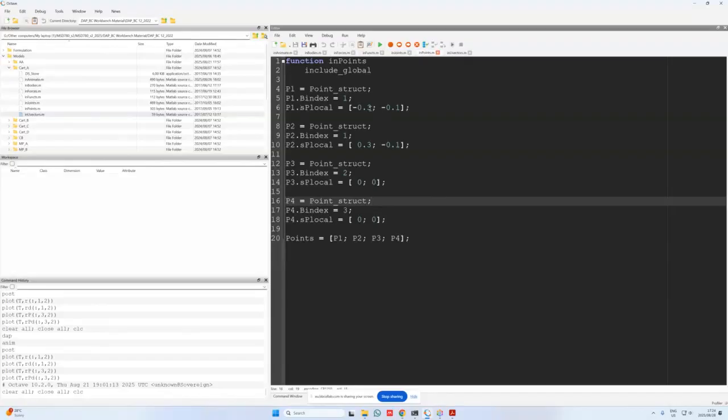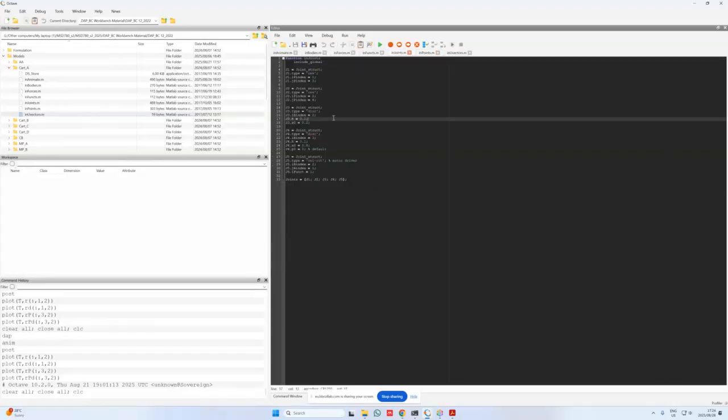So SP local for point 1 is minus 0.3, minus 0.1, point 2 will just be on the other side, so that would be 0.3, minus 0.1, and then points 3 and 4 are situated at the center of mass of the wheels, which is basically at the center of the diameter of the wheels. So therefore their local coordinates are simply 0, 0. And we group all of this together in the points list at the end.